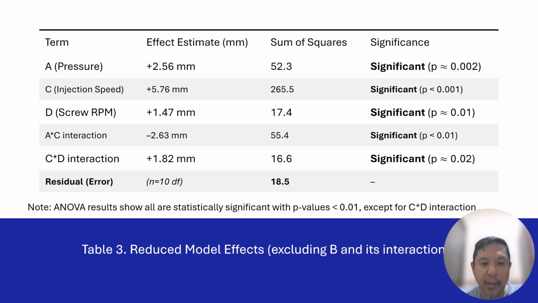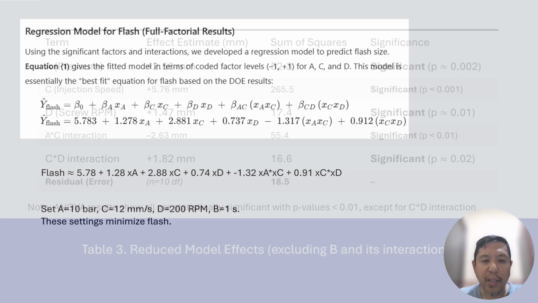Okay, so the ANOVA result shows that all are statistically significant with p values less than 0.01, and the AC interaction is like 0.02 as well, which is still statistically significant. All right, moving on to the next slide.